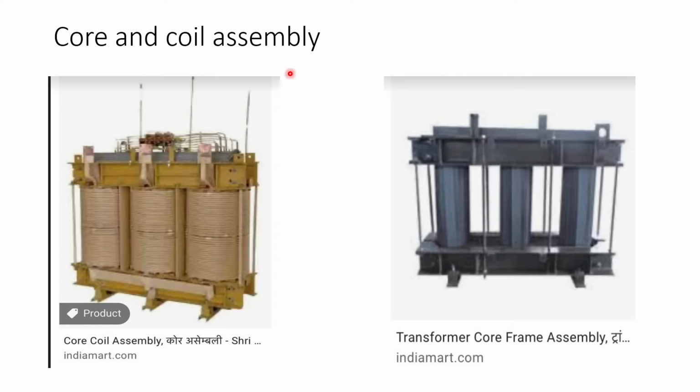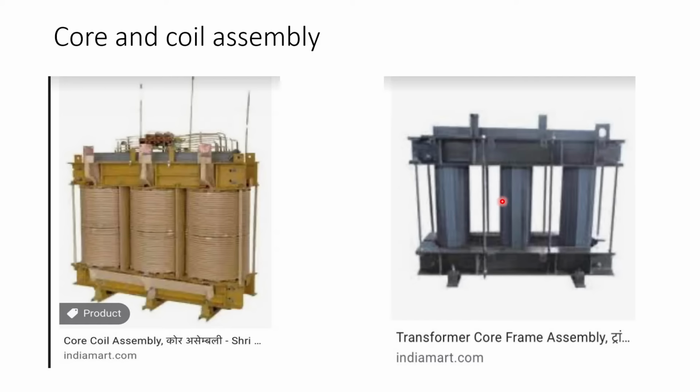So just a quick reminder, this is a core and coil assembly. So you have the core, the windings, and obviously you have the core clamps holding the core together so it doesn't collapse because it's made up of laminations. And here's a core.